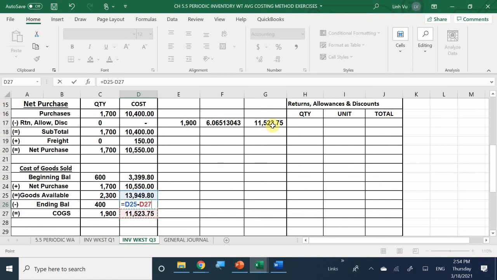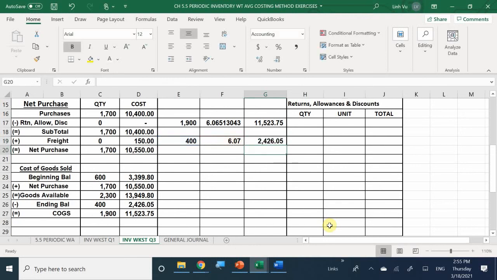The 11,523 is my cost of goods sold. $2,426.05. $2,426.05 is correct, right? You can also calculate this as well if you choose to do so. If you calculate that way, you'd solve the same way too. 2426.05.